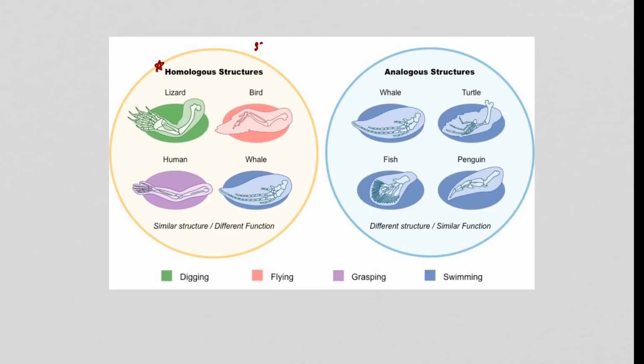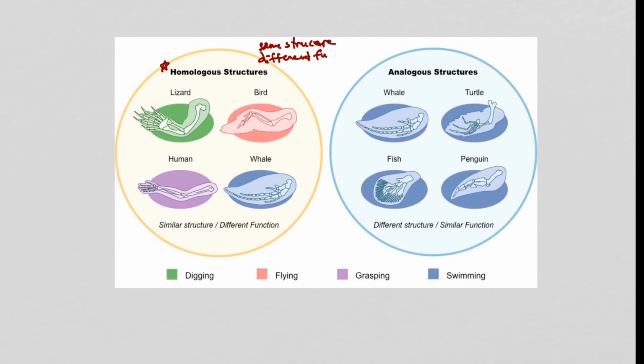Homologous structures have the same structure and different function. And this shows that evolution can take place because, losing my train of thought here. Same structure, different function. This is showing the adaptation feature of evolution.